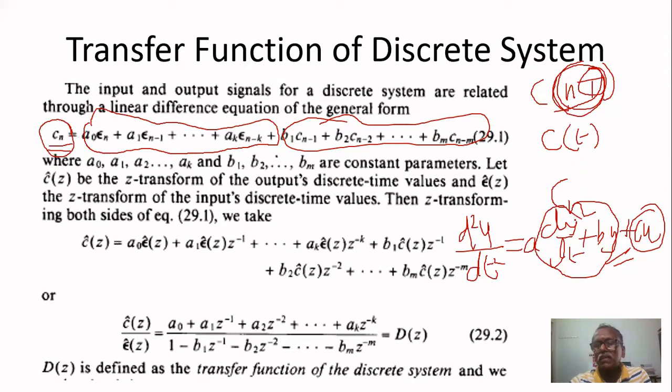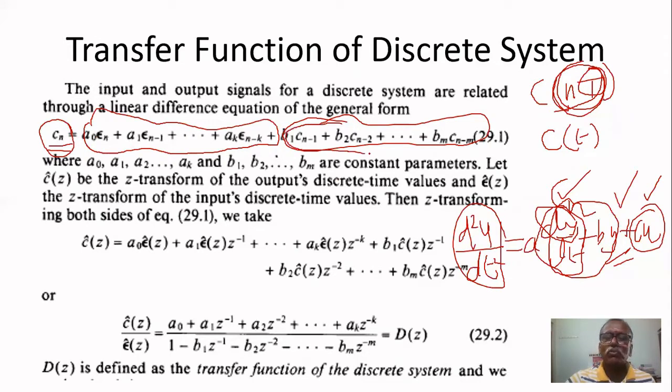It is the change in the present output from the previous output. In a continuous system it is dy by dt. If you convert this into a discrete system, you will get a past value for this, a past value for this, and the present input, to represent this. In discrete time, it can be written as a sequence of m past values of output, plus k past inputs. That is the present value.